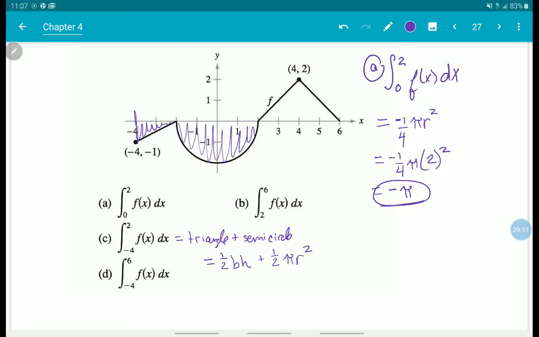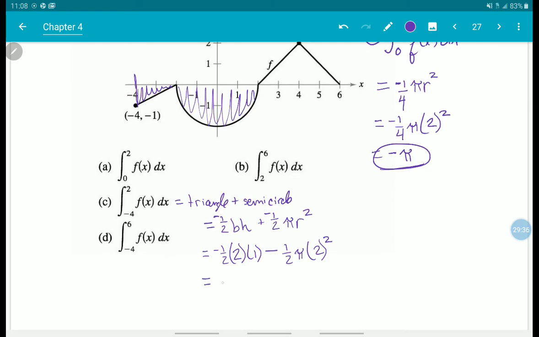Keep in mind, because both of these are below the x-axis, we will have negatives here. Our base is 2 and our height is 1. Our radius for that circle is 2.